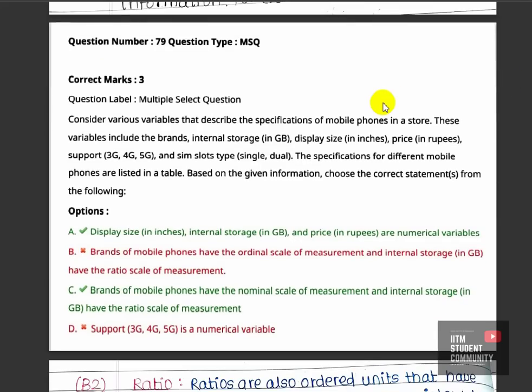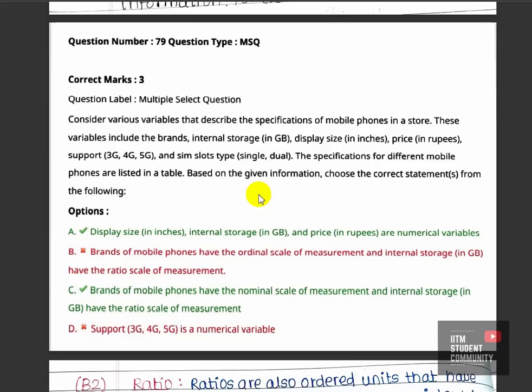Coming to the next question, it says consider various variables that are specifications of mobile phones in a store. These variables include the brands, internal storage, display size, price, support, and SIM slot types. The specifications for different mobile phones are listed in a table. Based on the given information, choose the correct statement from the following.